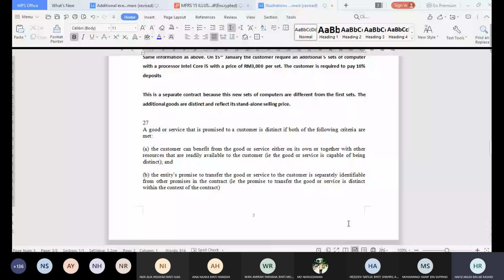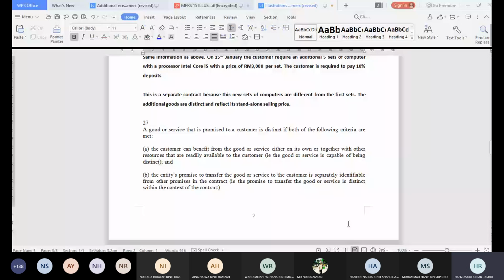So these two must be met: it can be used on its own, and the promise is separately identifiable from the other promises in the contract. If not, then you can consider that the goods are not distinct. So that is the distinct criteria.